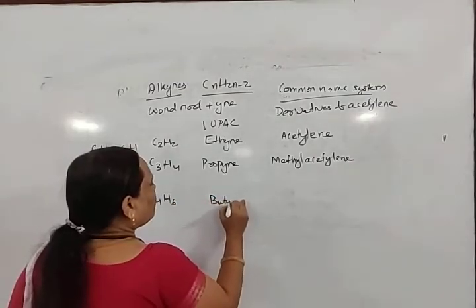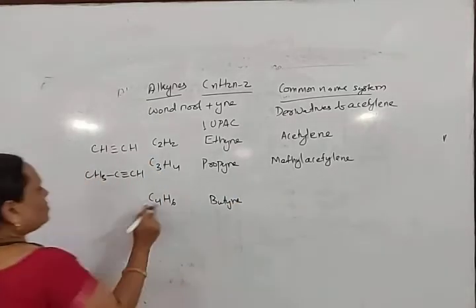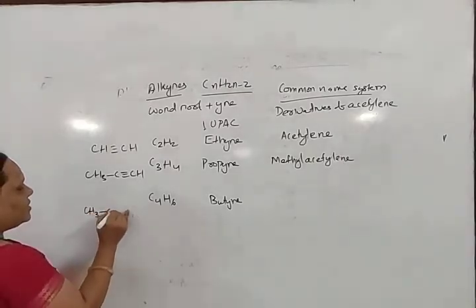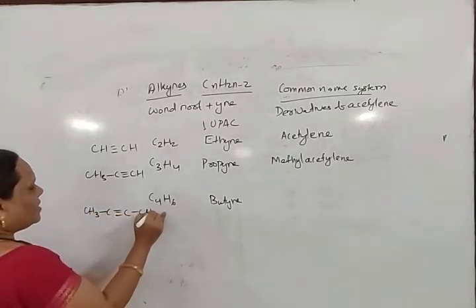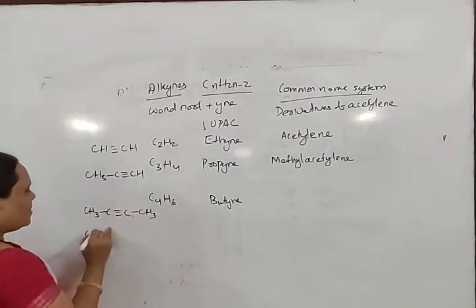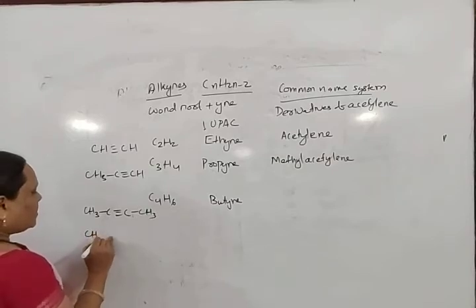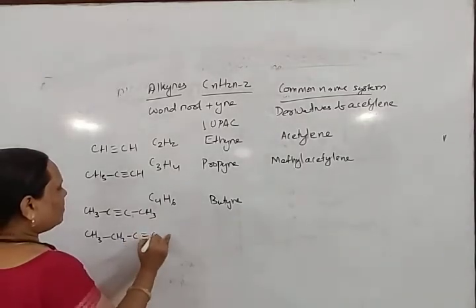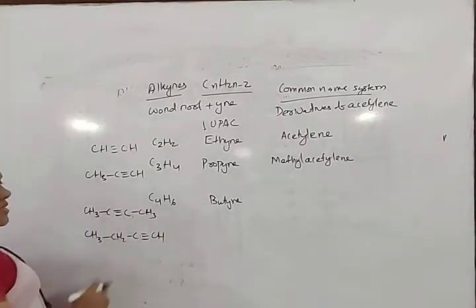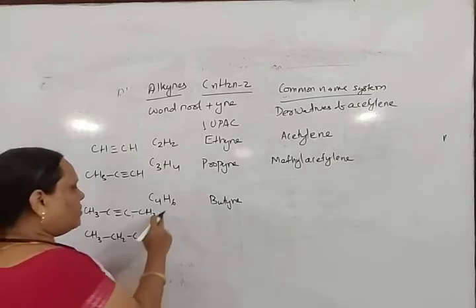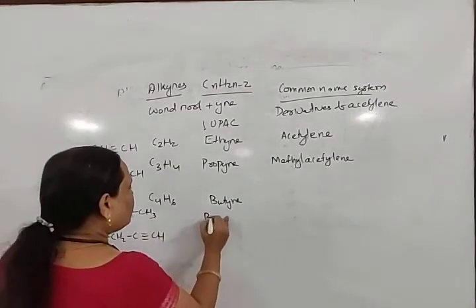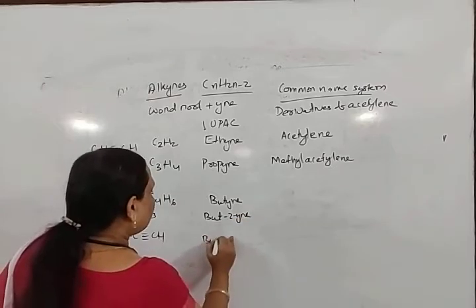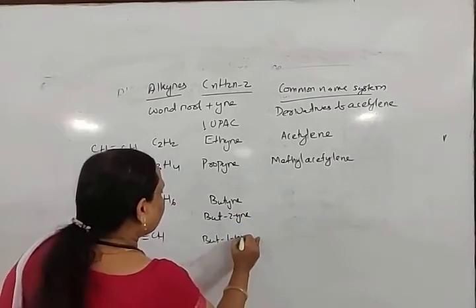C4H6 is known as butyne. Butyne has two possible structures. One is CH3 C triple bond C CH3, and another is CH3 CH2 C triple bond CH. In this way we can represent butyne, but it has two names. One is known as but-2-yne, another is known as but-1-yne.